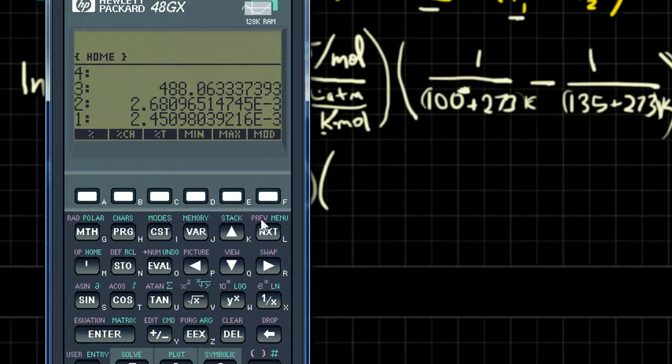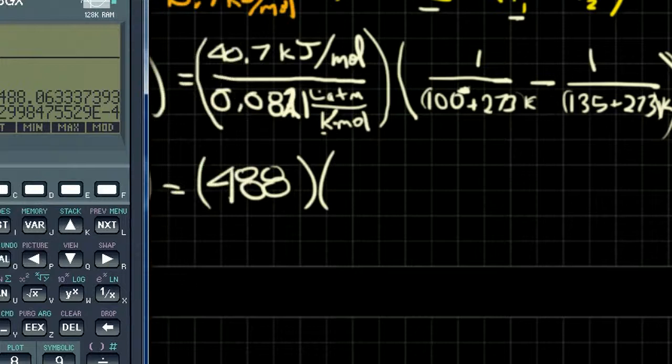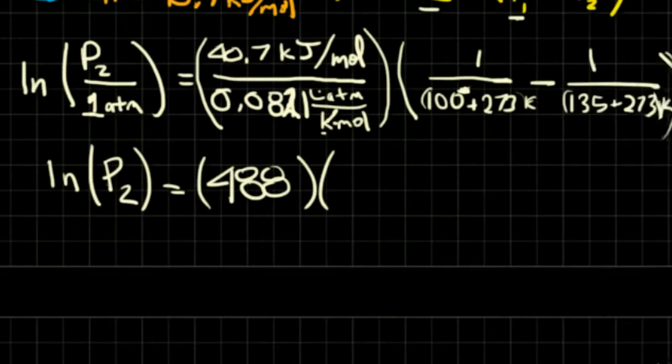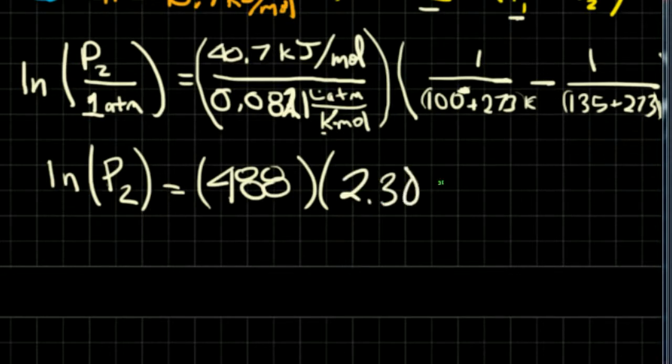And now I'm going to subtract the one I just got from this one, and that gives me this value here. And that is where I'm going to start doing a little significant figure rounding just so it fits: 2.30 times 10 to the negative 4th power. Okay.